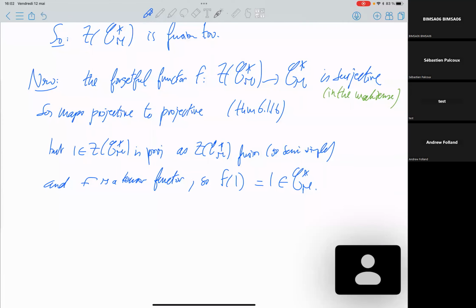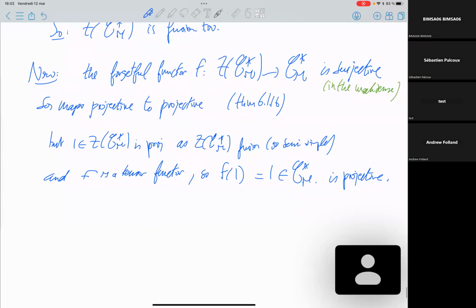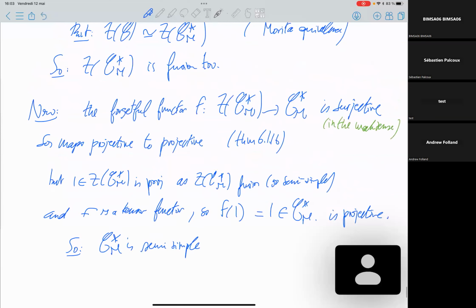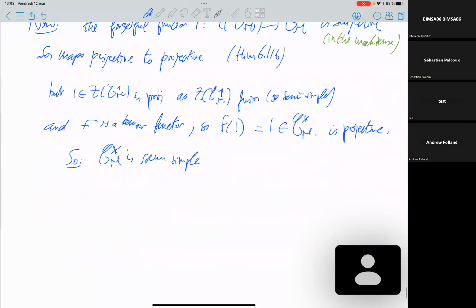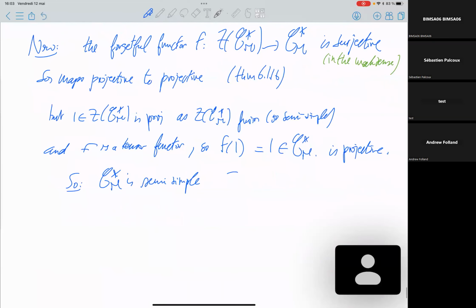So it's projective. And so the dual with respect to M is semi-simple, because we know that semi-simple is equivalent to unit projective. It's a semi-simple finite tensor category. So it is a fusion category, which is what we wanted to prove.